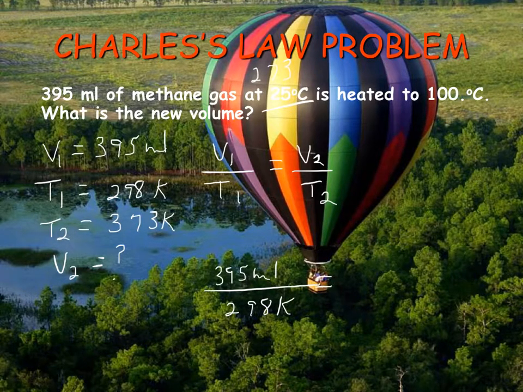Please, please be very sure you always convert your Celsius to Kelvin. In all gas law problems, temperatures must be in Kelvin or you will not get a correct answer. V2 is our question mark. It's our variable we're solving for. And T2 is 373. In class, the best way to work this problem is simply cross multiply.